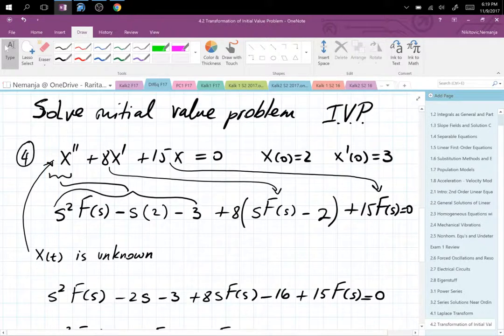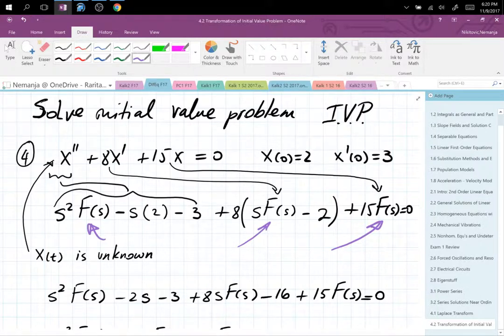Cool. So as you can see, when you transform this equation, the equation that you get contains the solution immediately, right? This F of s, that's a solution. It's a solution in the frequency domain, but it's a solution to the differential equation. So the first line that you write is already a solution line.